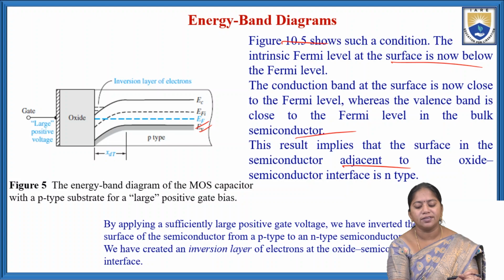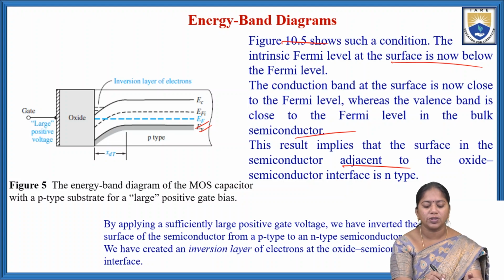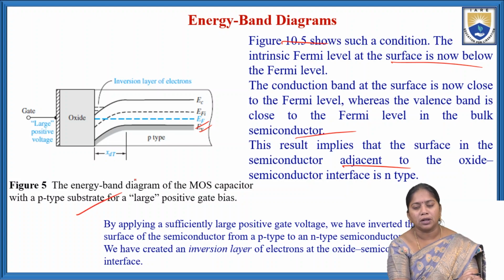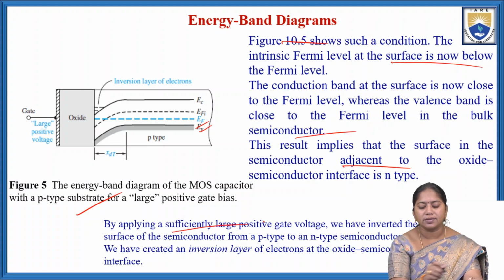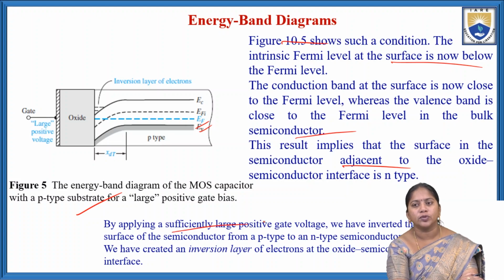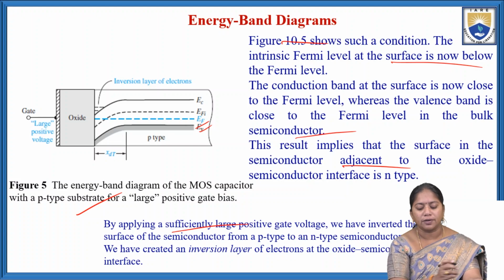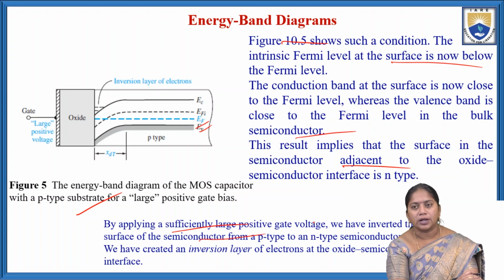The figure shows the energy band diagram of the MOS capacitor with the p-type substrate with a large positive gate bias applied. By applying a sufficiently large positive gate voltage, we have inverted the surface of the semiconductor from p-type to n-type.